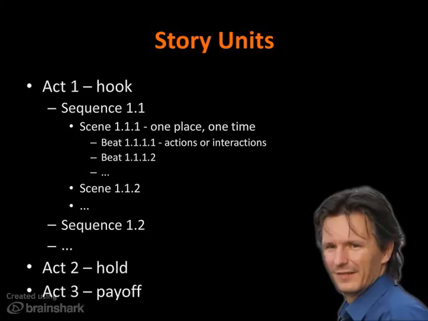To provide clear structure to your story, it can be divided into units. Story is divided into acts. Acts are divided into sequences. Sequences are divided into scenes that are equal to one place or one time. Scenes are divided into beats that are equal to actions.